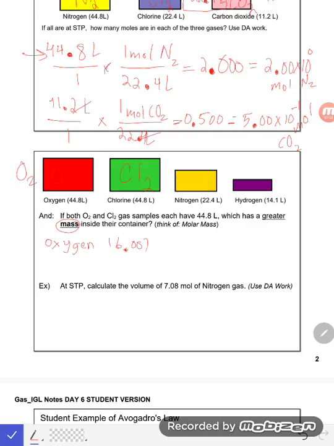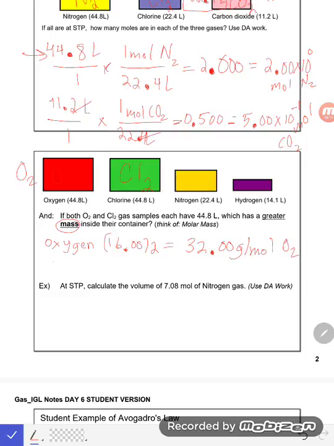16.00 for oxygen, but again, oxygen's diatomic, so we would multiply that by 2 to end up with a total of 32.00, and the unit for molar mass, as a reminder, is going to be your grams per mole of O2.